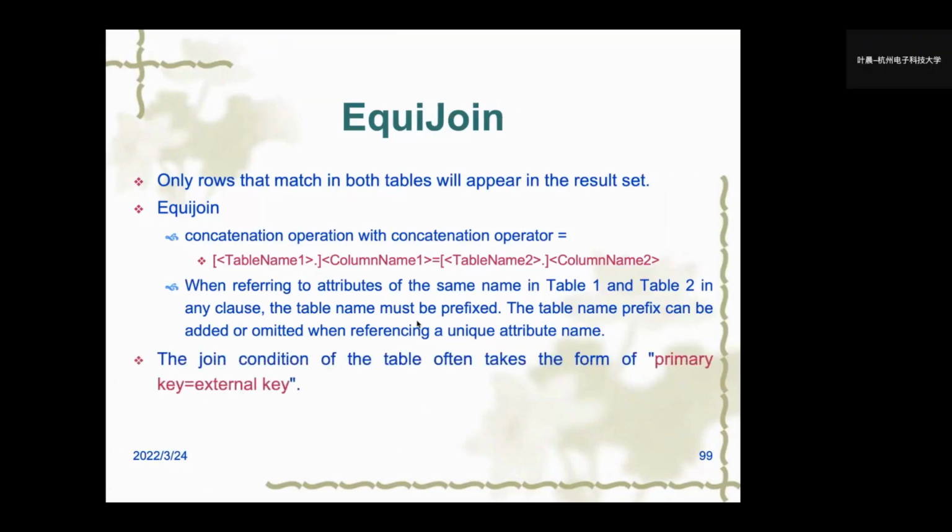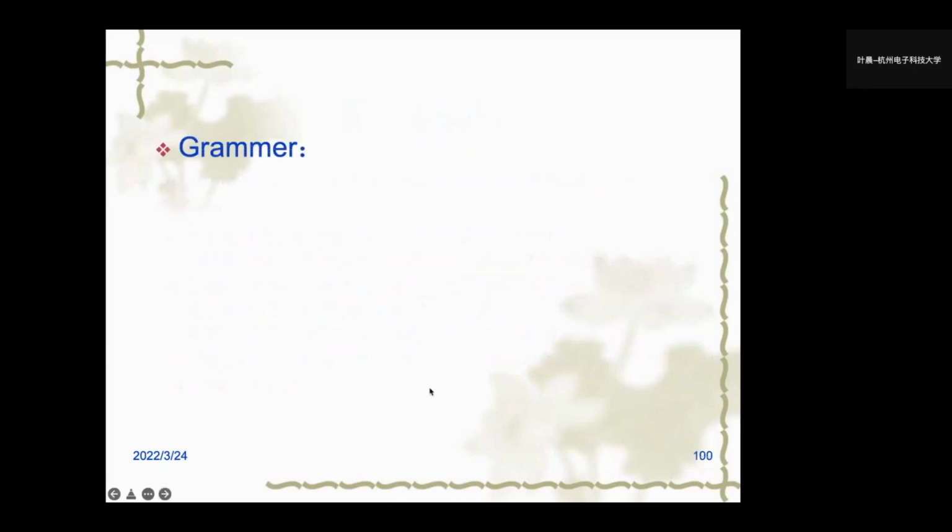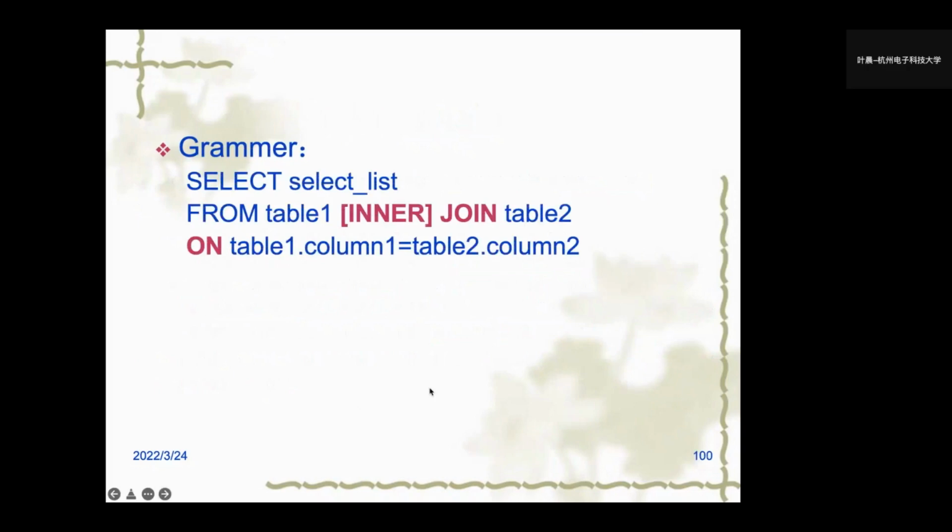And the join connection of the tables often takes the form of primary key equal to foreign key. So the grammar is select list from table 1 inner join table 2 on the condition table 1 dot column 1 equal to table 2 dot column 2.